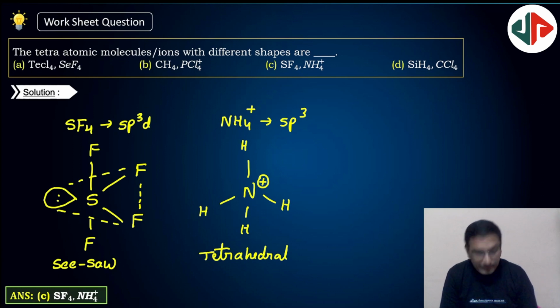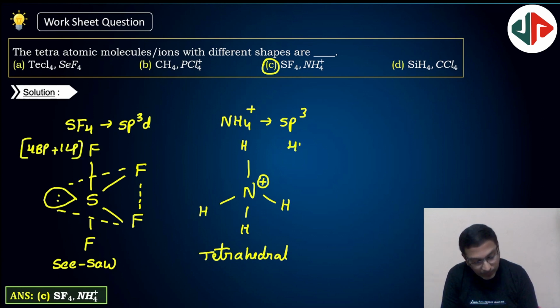So option C. Hybridization, geometry, number of lone pairs and bond pairs are all important. Here 4 bond pairs plus 1 lone pair. Here 4 bond pairs and 0 lone pairs.